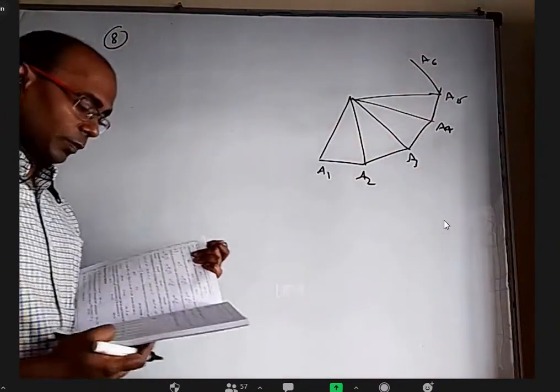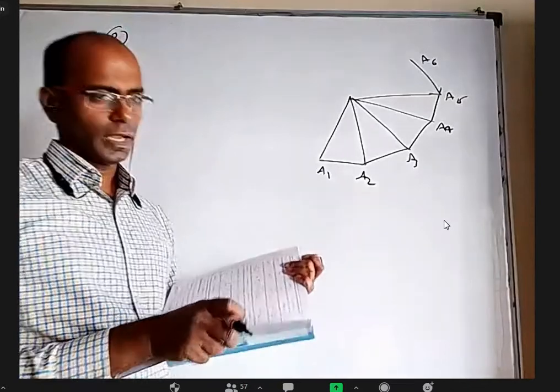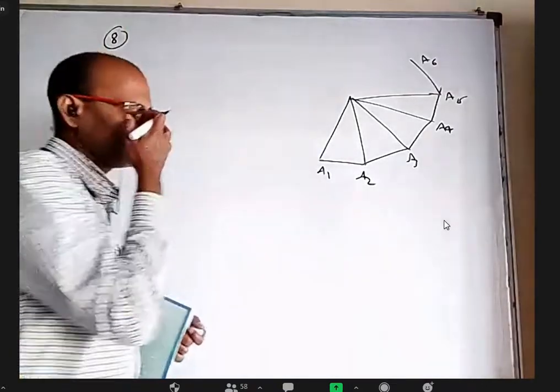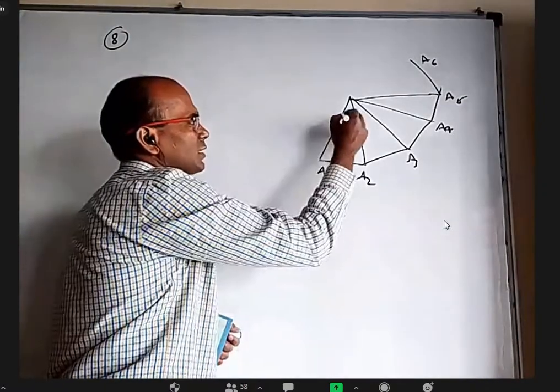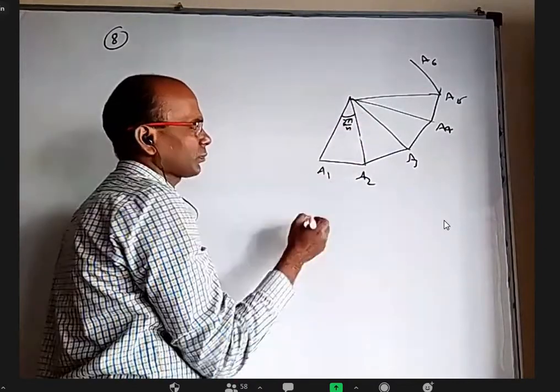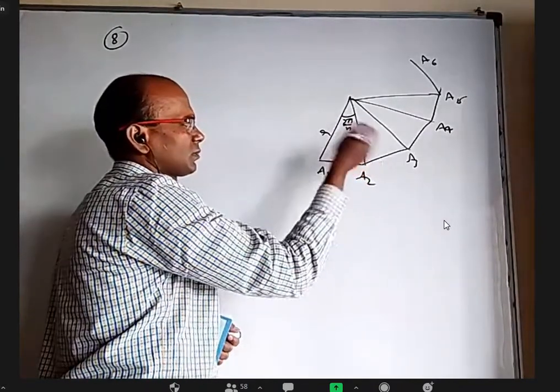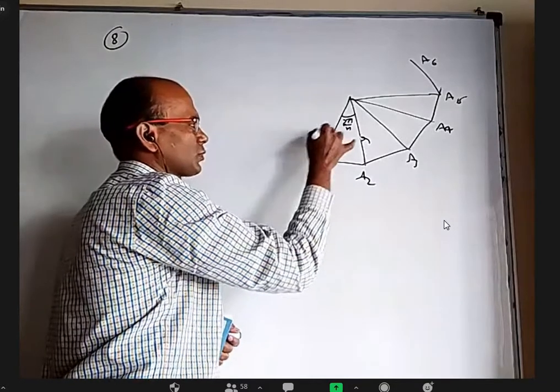They want to know in which kind of polygon this 1 by A1A2 kind of relation will happen. When you take a regular polygon, this angle is 2 pi by n. This is R and this is R. You can take a capital R.